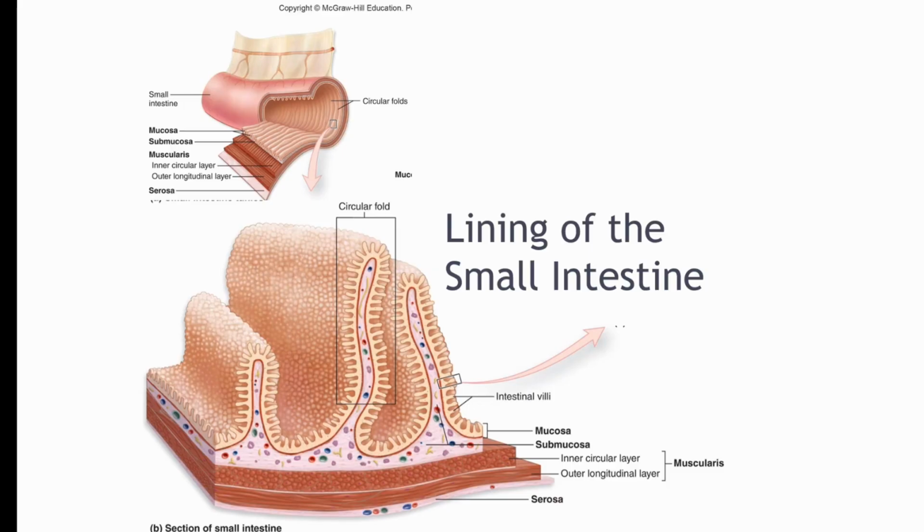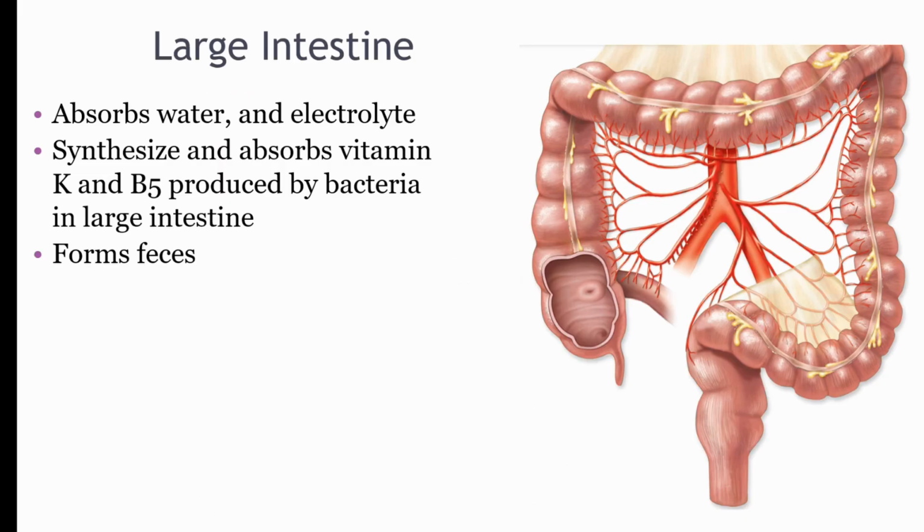And then you have the large intestines, which is largely absorptive at this point. You absorb water, you absorb the remaining electrolytes. And in addition, it plays a huge role in synthesizing some vitamins because you have a lot of bacteria there. So the bacteria there are beneficial, they're commensals. They live there, they feed there, they do not hurt you.